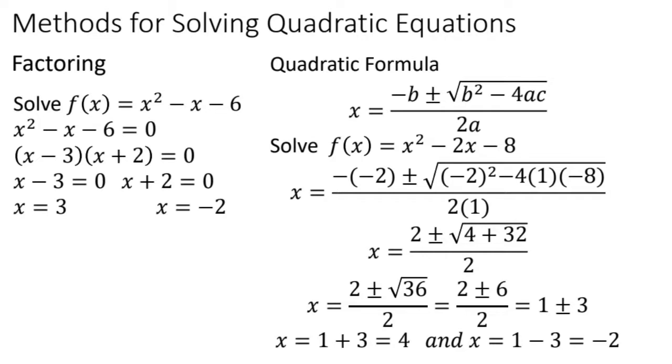And again, if they give us a quadratic in standard form, this is ax squared plus bx plus c. So it's just plugging in the values. In our example, a is 1, b is negative 1, c is negative 6, and we just plug them into our quadratic formula. After we plug it in and do this math, we will see that we get the same answers.